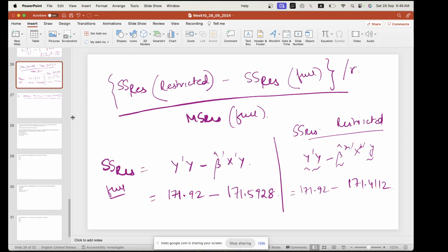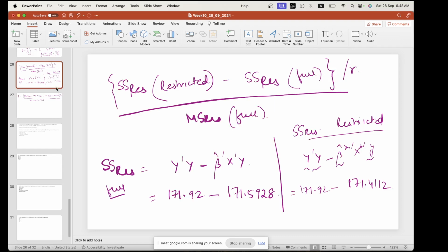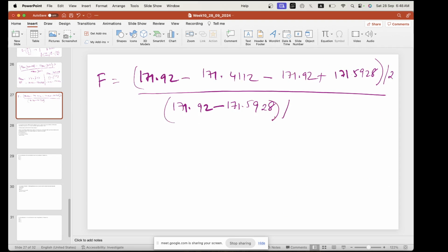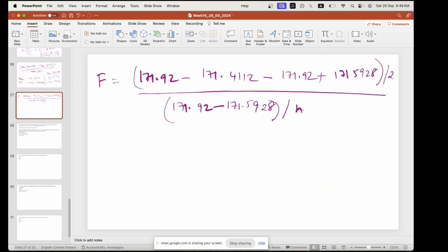MS residual is how much? SS residual, that is 171.92 minus 171.5928, divided by number of parameters we have estimated in the full model. So number of parameters we have estimated is actually 4, so it would be n minus 4.